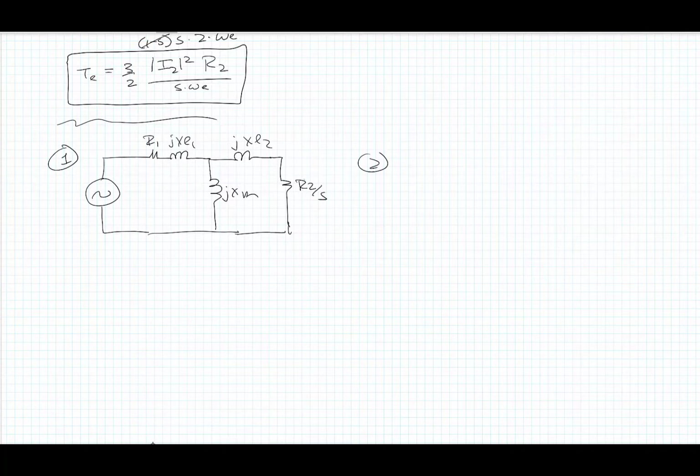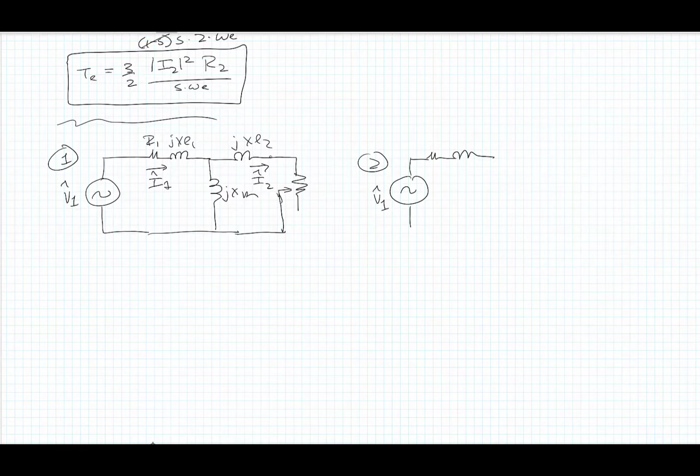And then the second circuit that we just derived was very similar. We just broke out the rotor losses. I said I was going to write it the way it's done in the book. So this silly little rheostat looking thing here, showing you that you have a variable resistor.